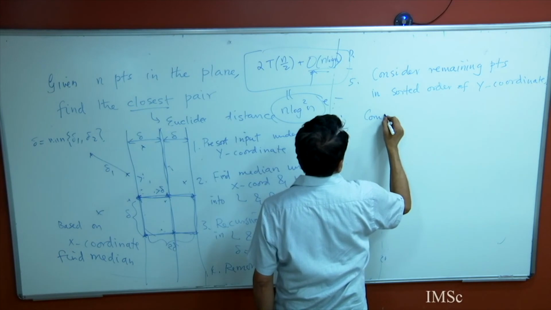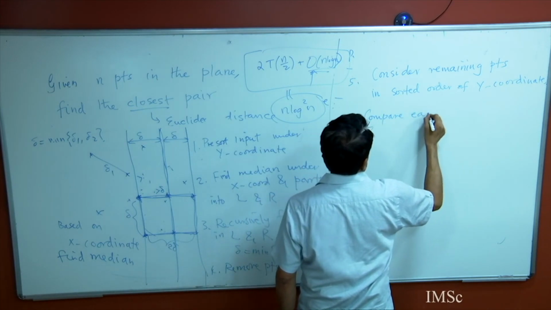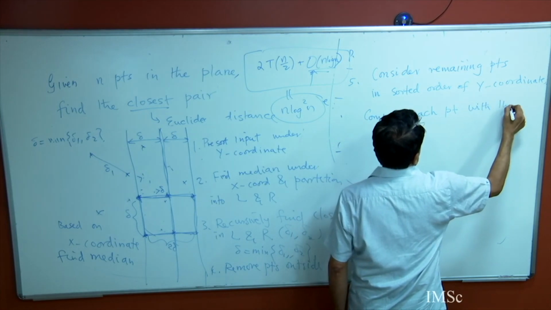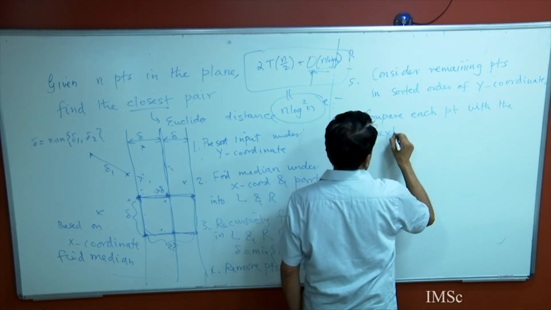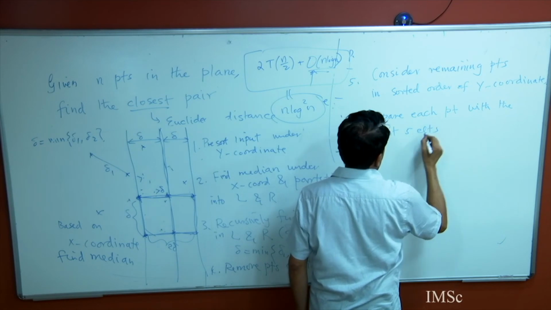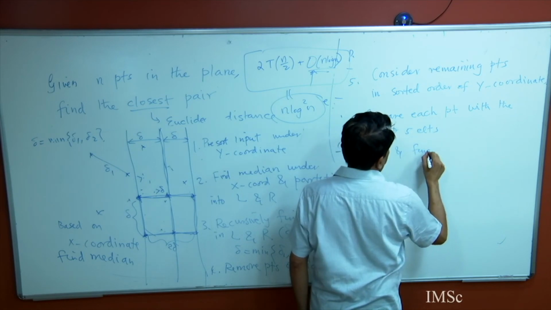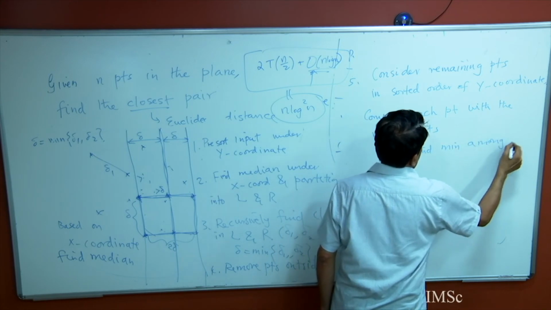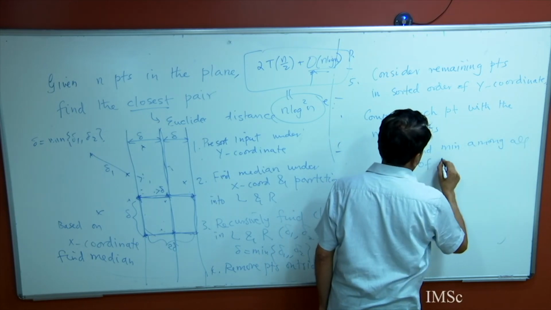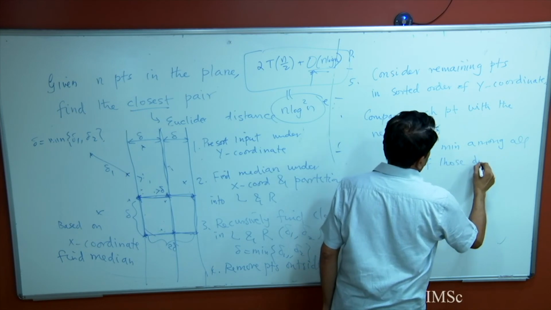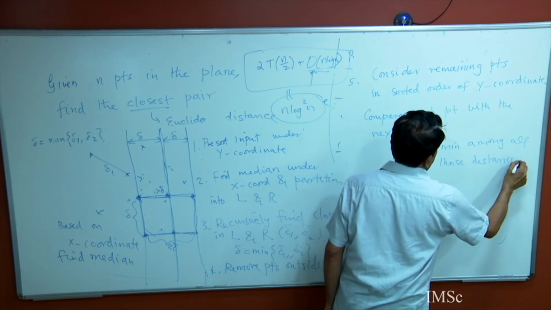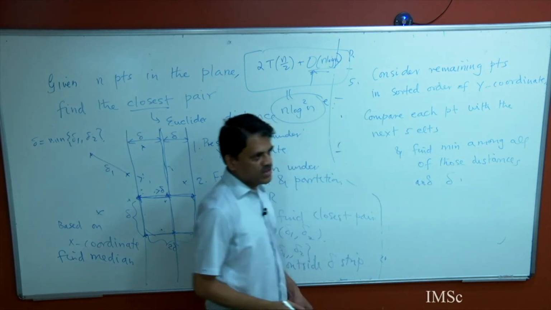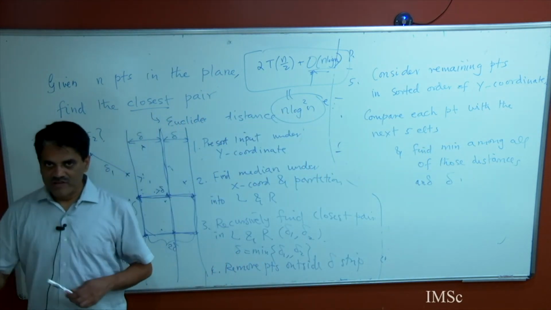And compare each point with the next 5 elements. And finally, find min among all of those and delta. Okay, so that's the final, you get the points, you get the distance, all that stored.